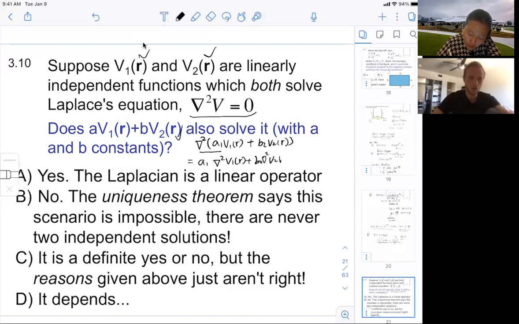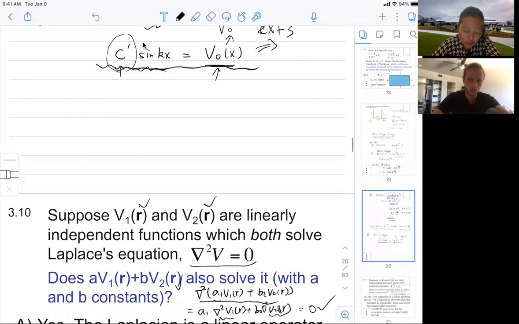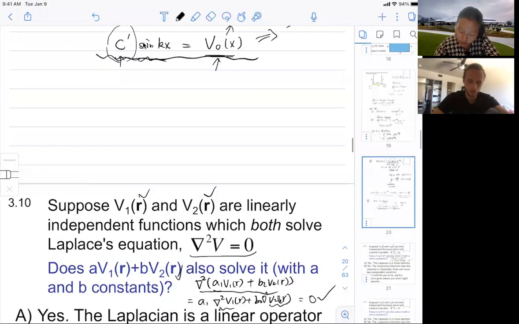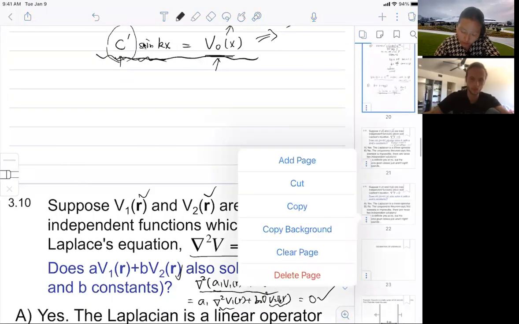Each of them is zero, so it becomes 0 plus 0, which is 0. So this is also a solution to your Laplace equation. A linear combination of these solutions is still a solution. So what I'm trying to say is our final solution, I'm going to start a new page.